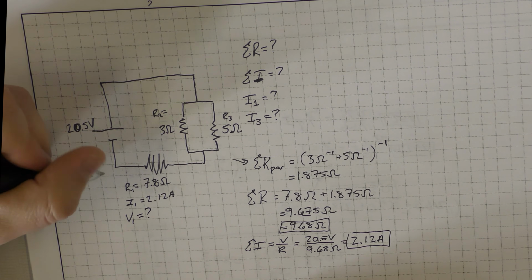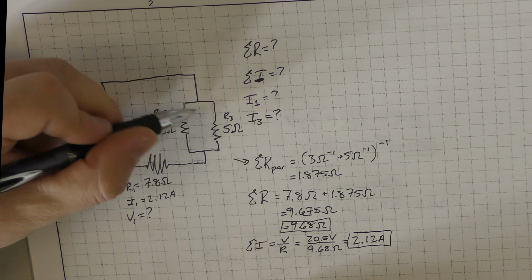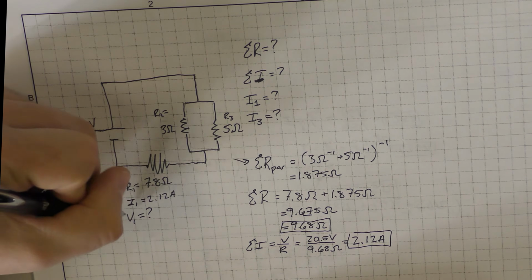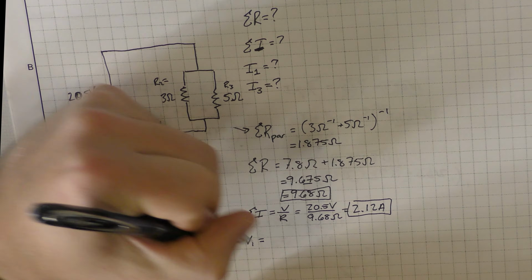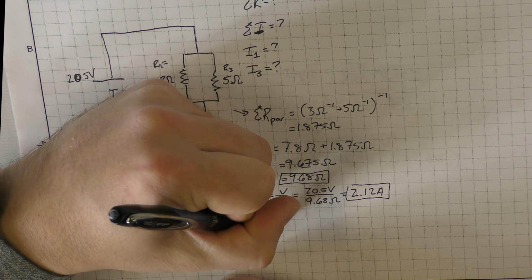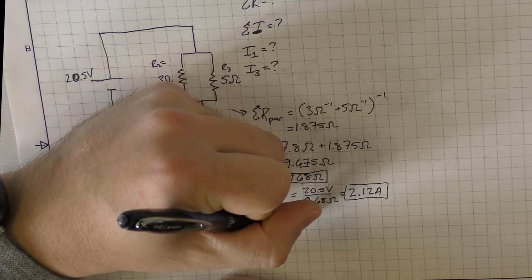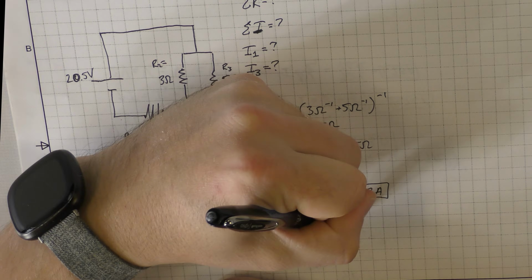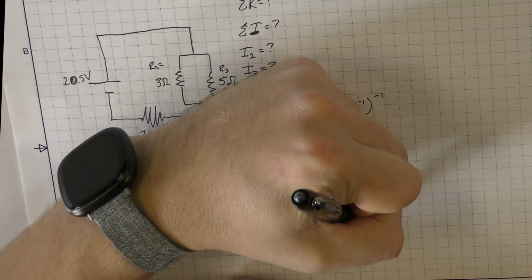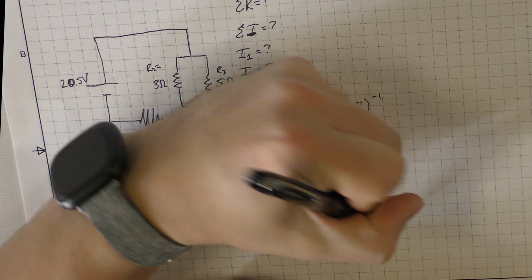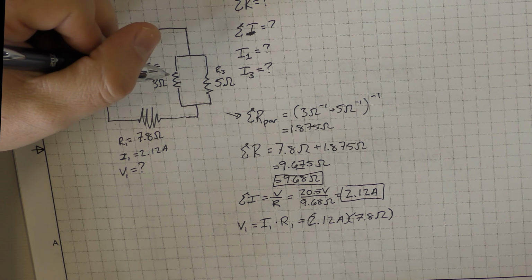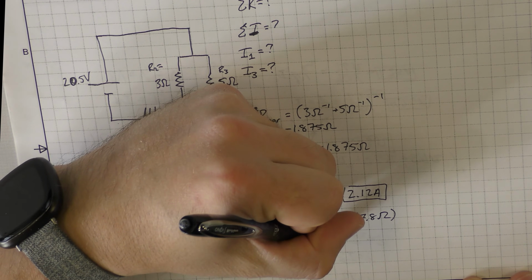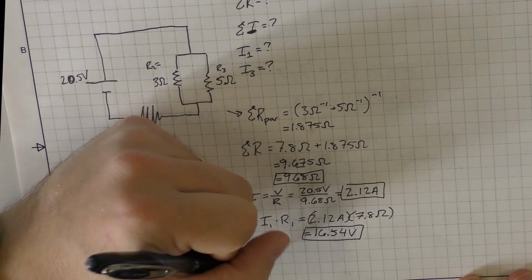So the first thing that we need to figure out next is how much voltage is moving through the first resistor. Because in series, the components are going to be sharing the voltage. So we need to figure out how much the first component is using to determine how much voltage is left for the parallel resistors. We can do this because we know the total current and we know the resistance of that first resistor. So 2.12 amps times 7.8 ohms will tell us how much of the voltage is being used in that first resistor.